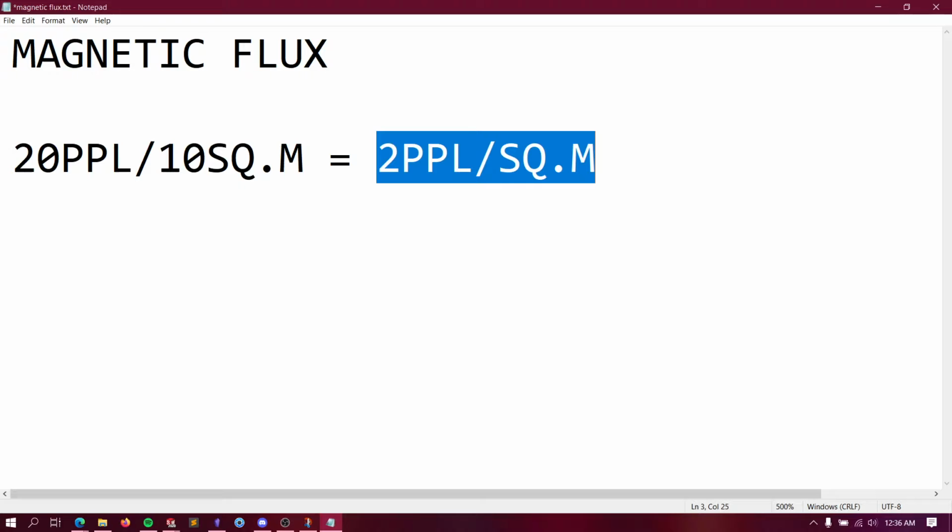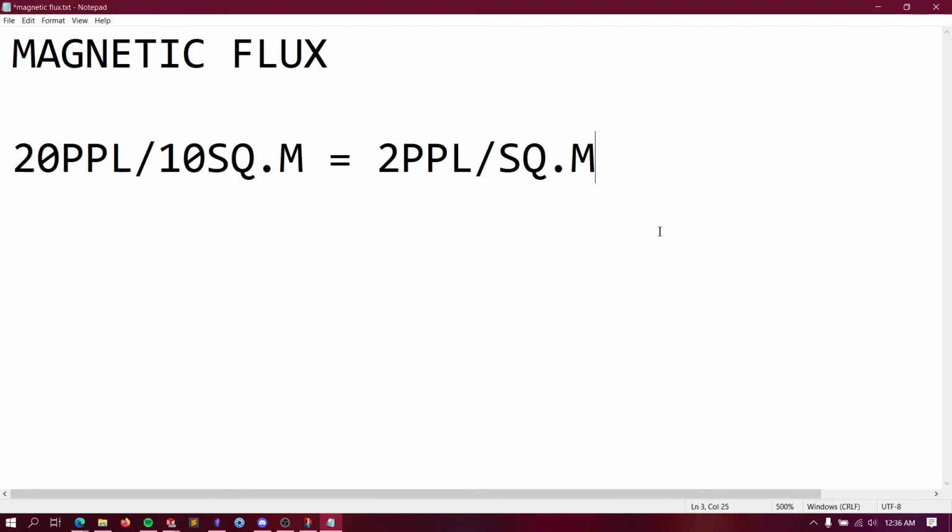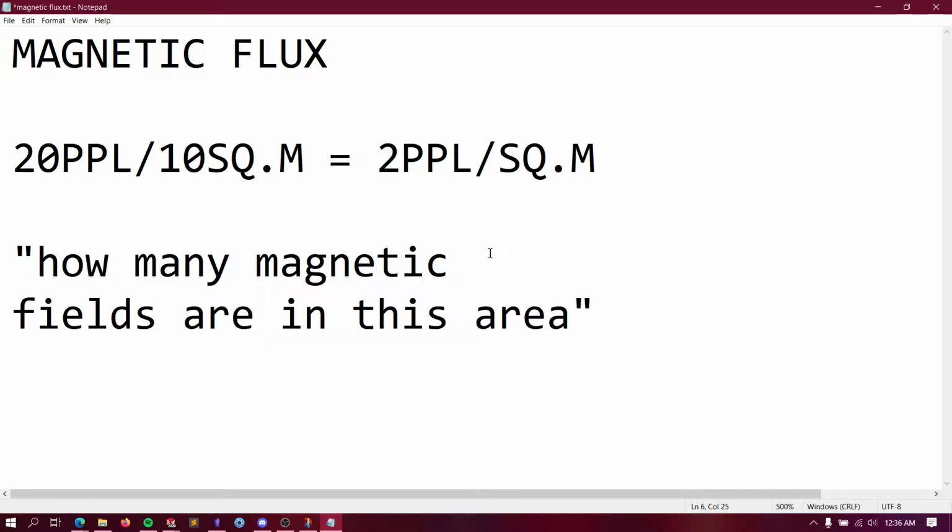Now, in the case of the magnetic flux, it is simply saying how many magnetic fields are in an area. And here you have it, how many magnetic fields are in this area.